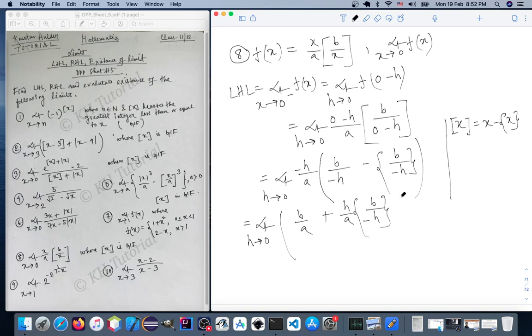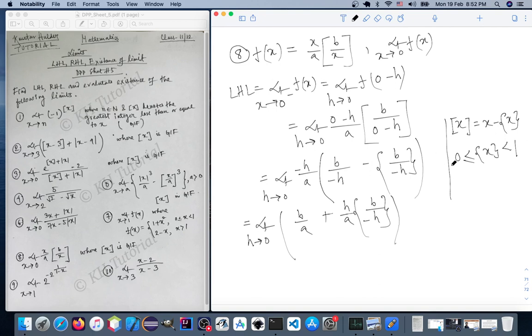Now we know that fractional part of any real number always lies between 0 and 1. It is greater than or equal to 0 and less than 1.